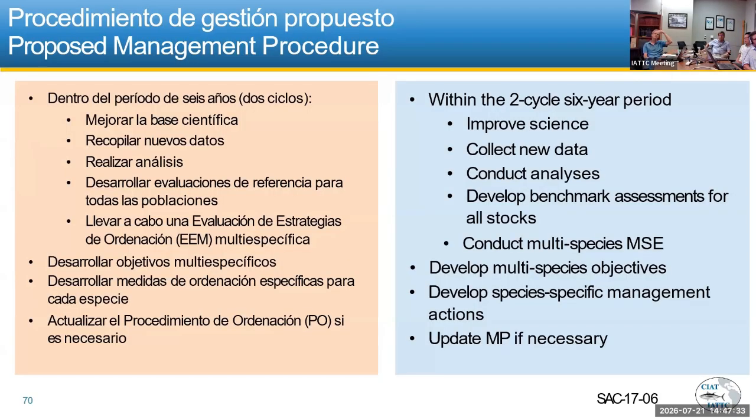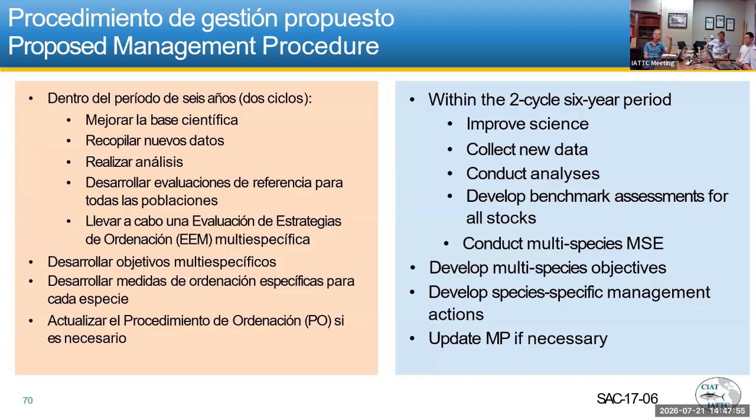And so something to highlight here, to make sure that people understand, is that during this initial period, there's going to be additional work and the possibility of updating the management and management procedure based on that information.